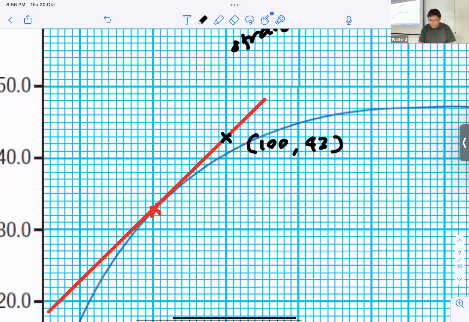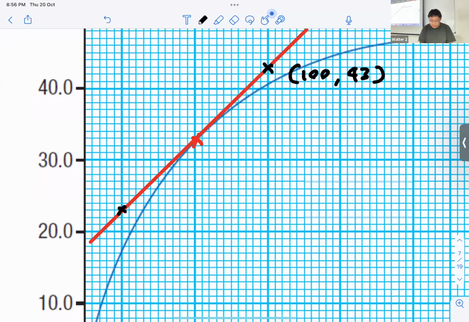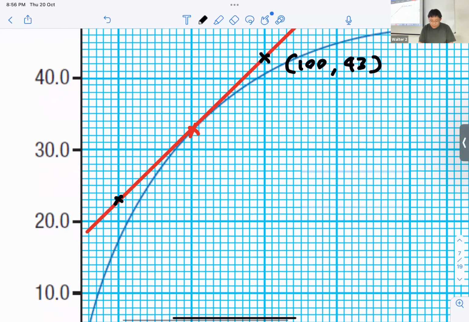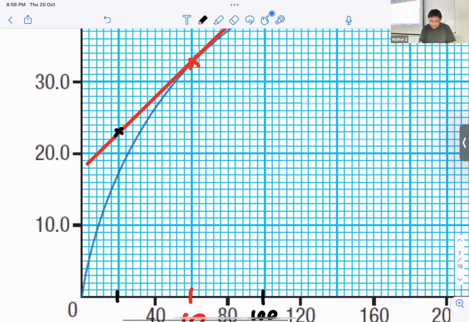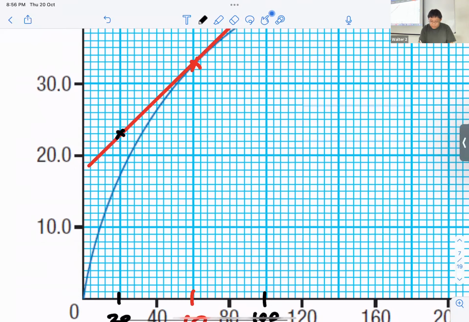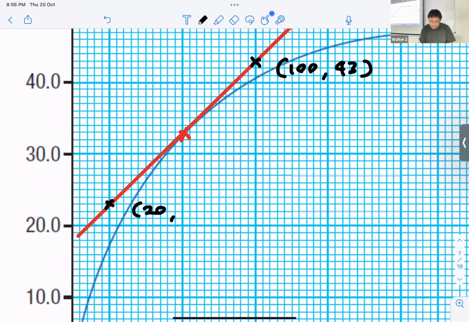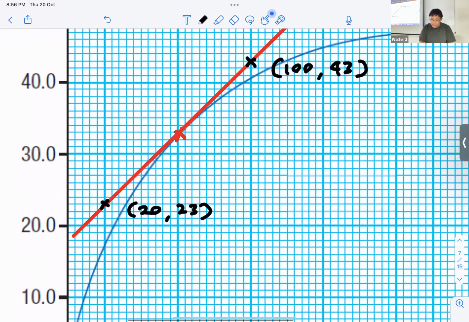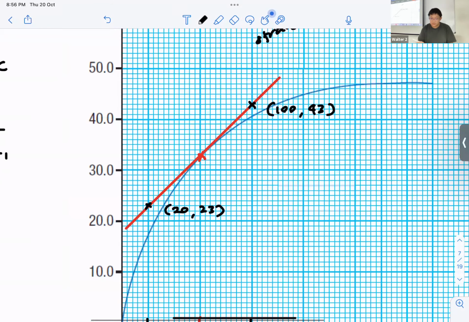Then I'll pick another one, maybe over here, where x is 20. So my coordinate for the second one is 20 and 23. So now I have my x1, y1, x2, y2.